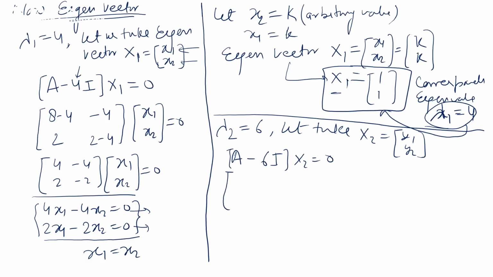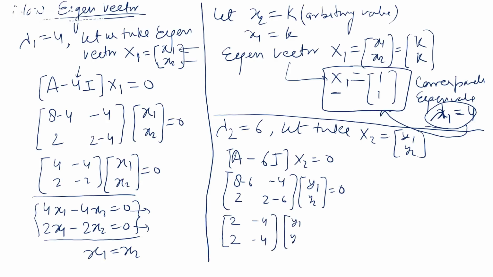Then we write 8 minus 6, minus 4, 2, 2 minus 6, and here we write y1 y2. Convert that into a system. We can write 8 minus 6, that is 2, minus 4, 2, minus 4, times y1 y2, and convert it into equations.